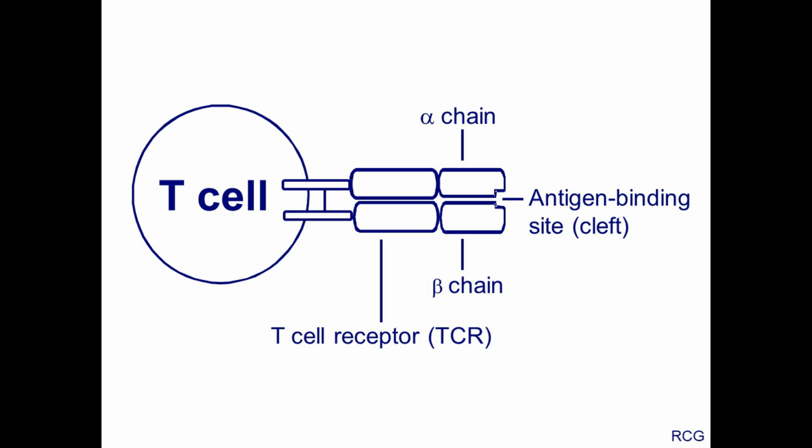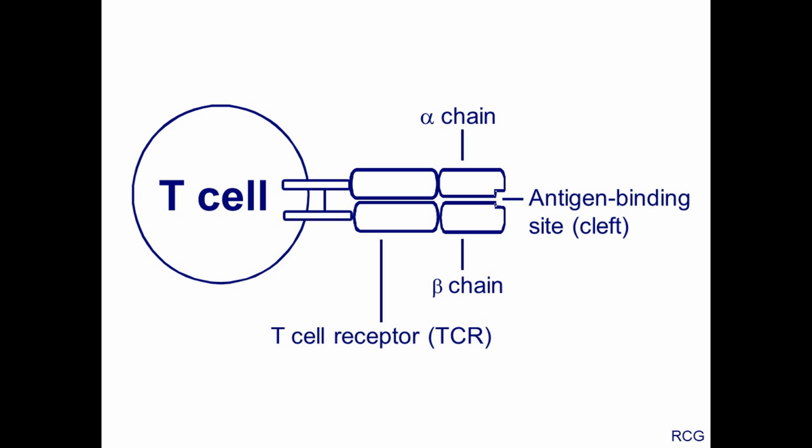Every T cell receptor has got an antigen binding site or antigen binding cleft. And the antigen which is recognized by the T cell receptor is generally a peptide formed from mostly microbial proteins. So this antigen binding site of the T cell receptor or TCR is complementary to a particular antigen, mostly a peptide.